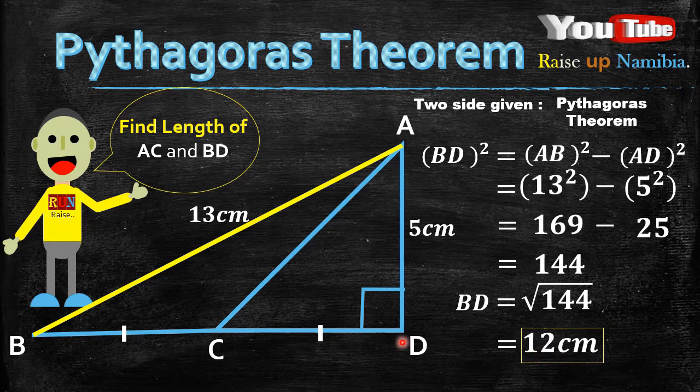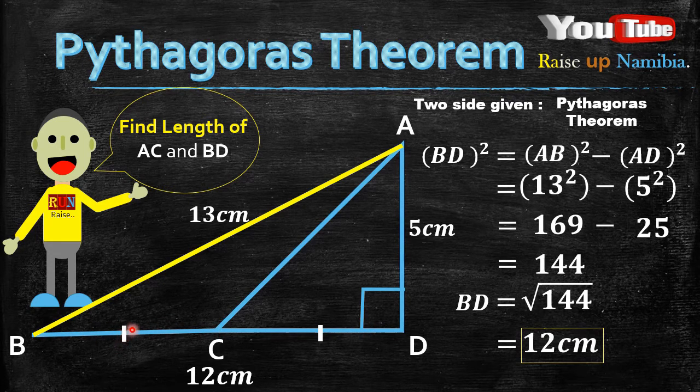Now knowing that this line BD is 12 centimeters, I want you to notice one thing. Check these white lines. There are two white lines on the line BD. Okay? Now these white lines simply mean that from point C, line CD on the right and line CB are equal.